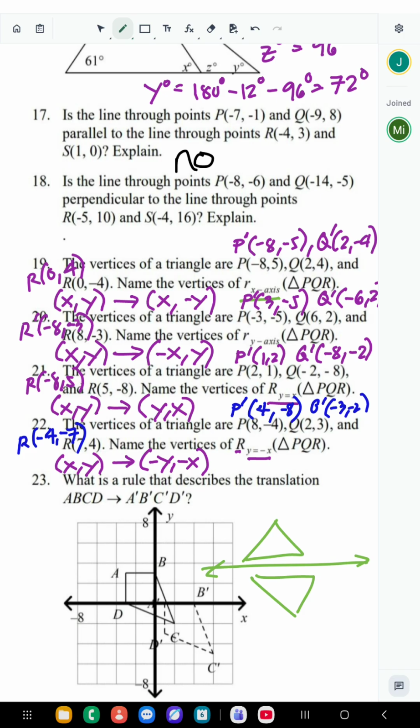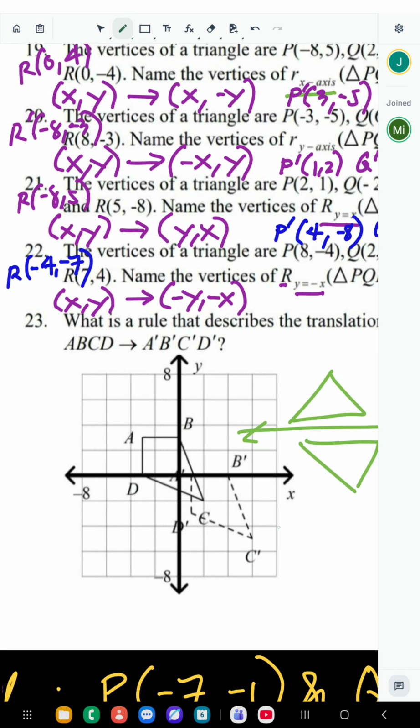Okay. Then number 23. What is a rule that describes the translation of A, B, C, D to its image A prime, B prime, C prime, D prime? We count here. Where should we start? We don't have a fixed value.